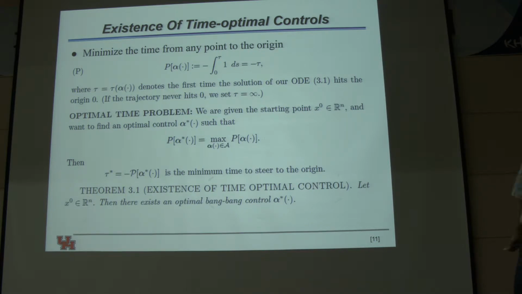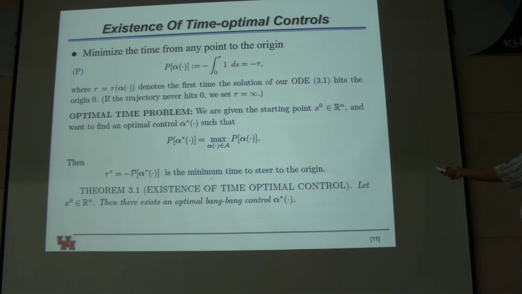And then let's come to an example. We want to minimize this, it's called the optimal time problem. So we want to have a control, alpha. And this is the cost.